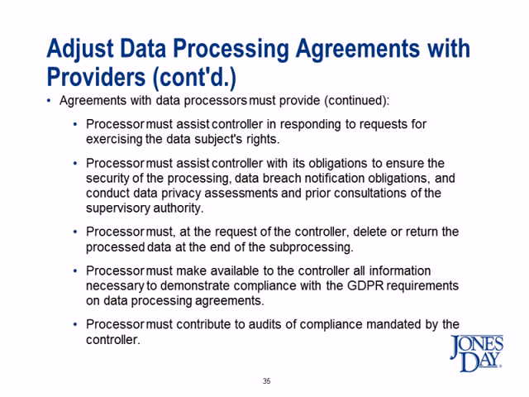The agreement should also mention that the processor must, at the choice of the controller, either delete or return the processed data at the end of the sub-processing. In addition, the processor must make available to the controller all information necessary to demonstrate compliance with the GDPR requirements in respect of the data processing agreements. Finally, the processors must contribute to audits of compliance mandated by the controller, and this is a very important point.